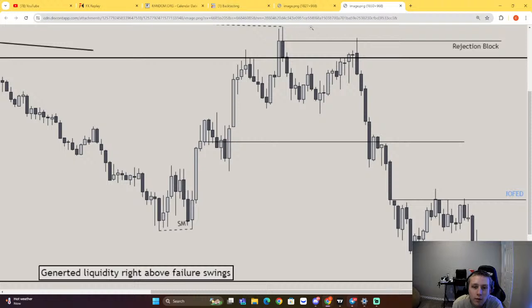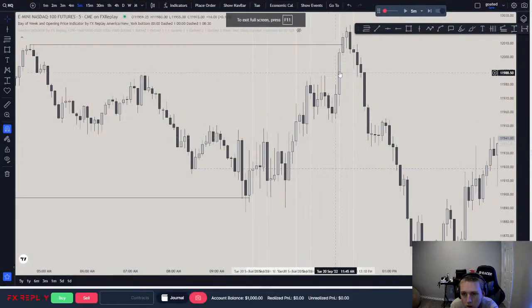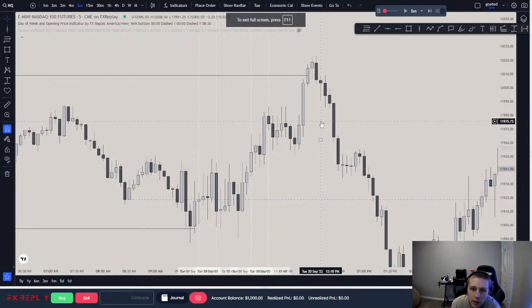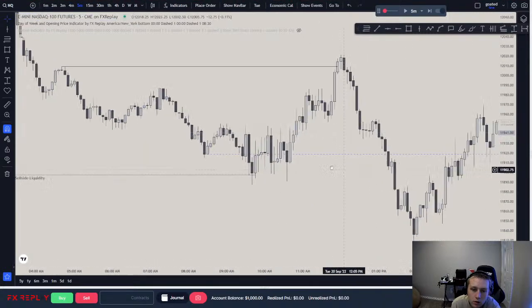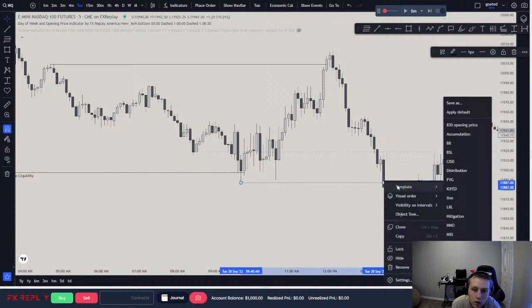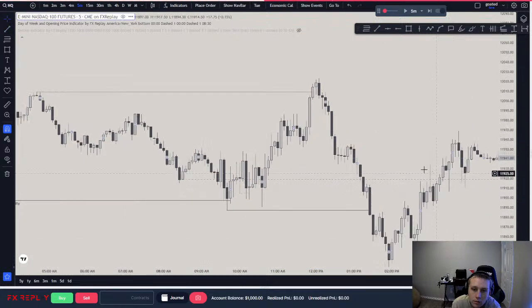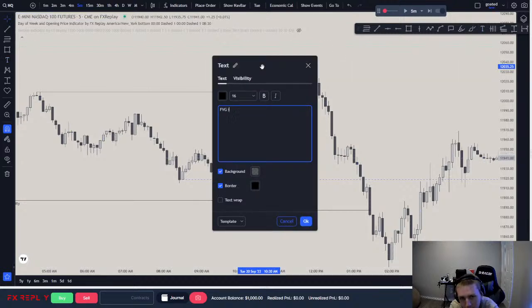We have fair value gaps in, fair value gaps out, balanced price range. We don't need to return, and we don't want to either. So fair value gap in, fair value gap out. I'm going to say that a lot, but screw it. Fair value gap in.